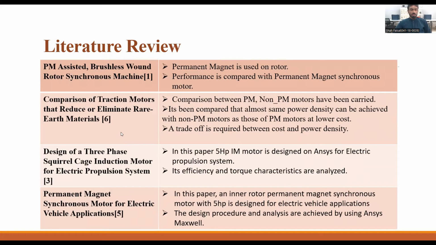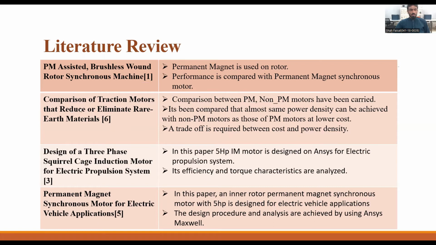Literature: we have studied four papers. The first is titled PM Assisted Brushless Wound Rotor Synchronous Machine, in which the performance of a permanent magnet synchronous motor is compared with that of a wound rotor machine.